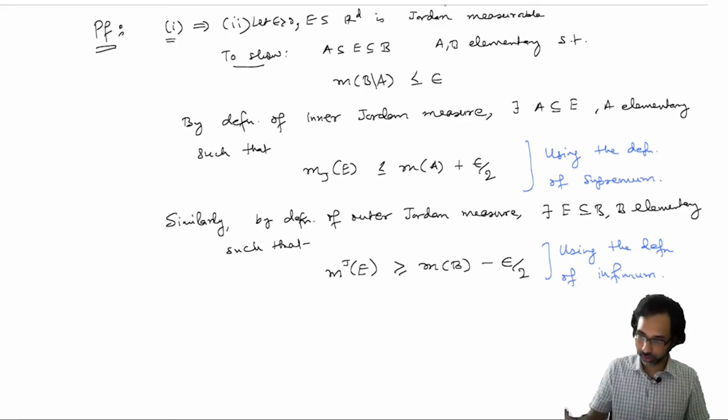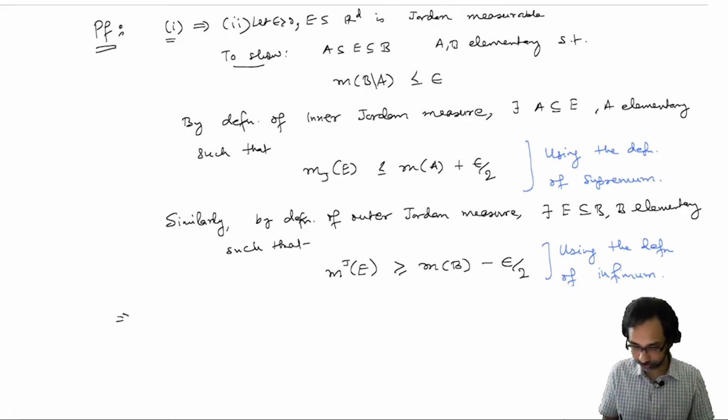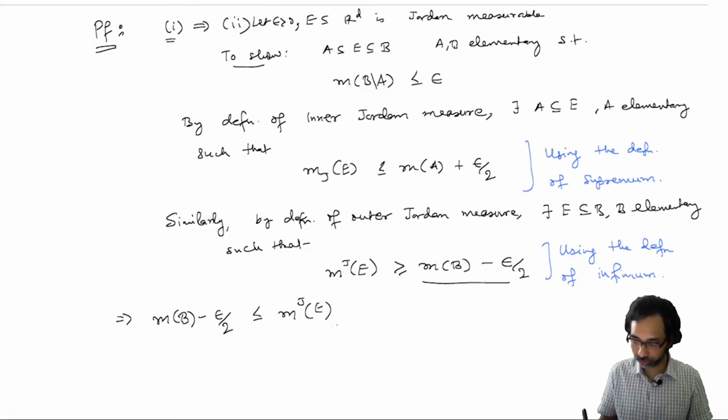Okay, so now we can write, let's start with this one here. So m of B minus epsilon over 2 is less than or equal to the outer Jordan measure of E. But now we know that since E is Jordan measurable, the inner Jordan measure and the outer Jordan measure are equal.